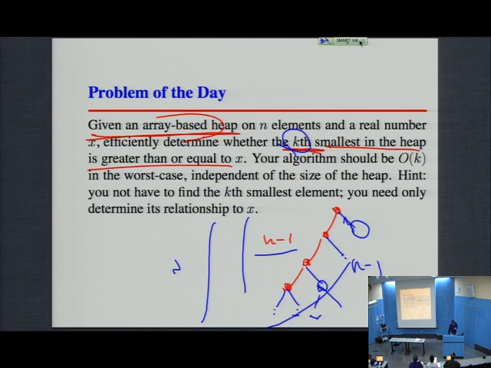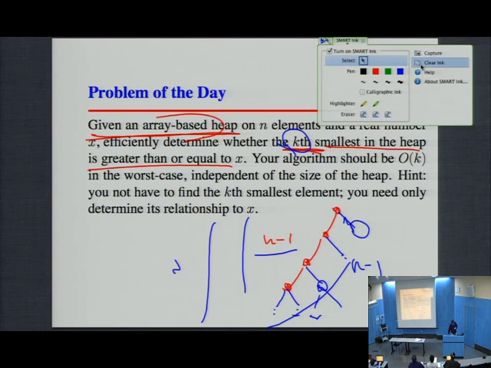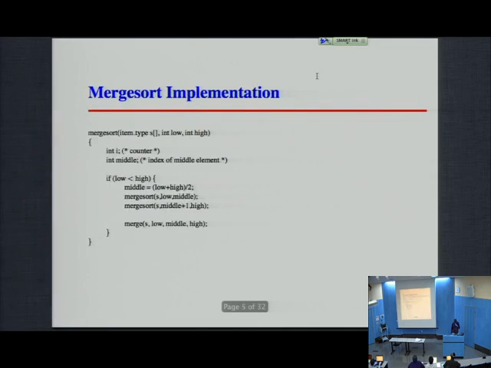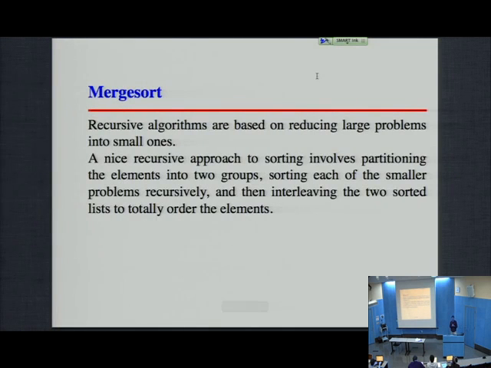Okay, what I'd like to talk about now are two other sorting approaches, one of which I'm going to give a very quick shrift because I want to spend more time on Quicksort than Mergesort, just because that in some sense has a bigger lesson at the end of it. What is Mergesort? Mergesort is a representative of a class of algorithms which are worth knowing about called divide and conquer algorithms.